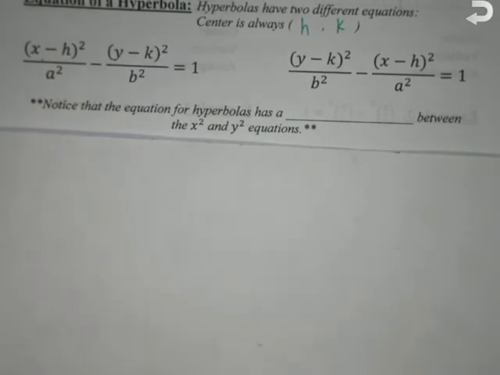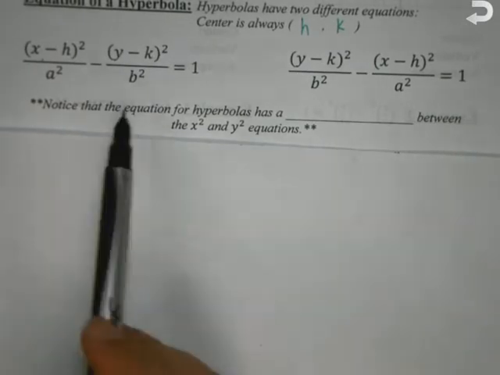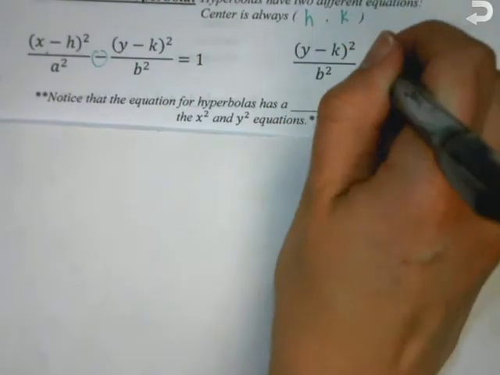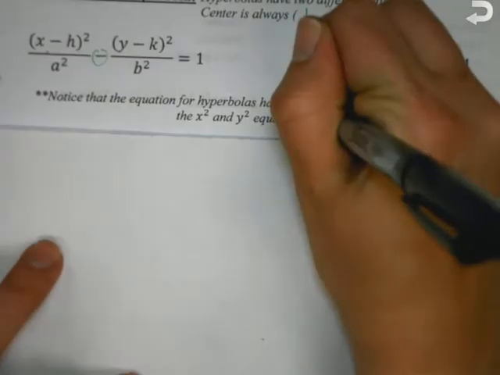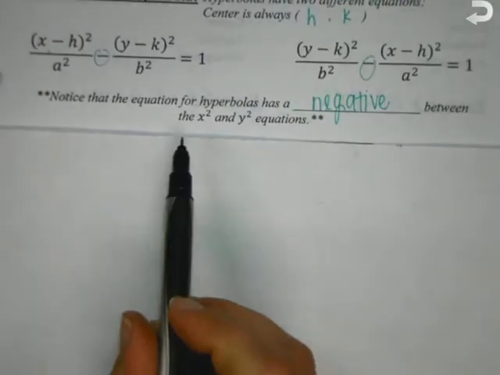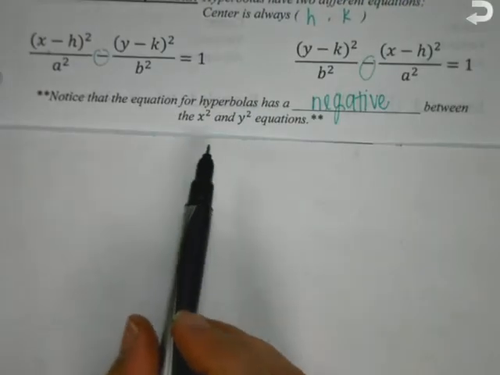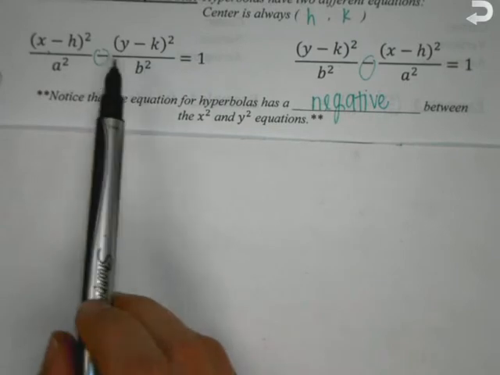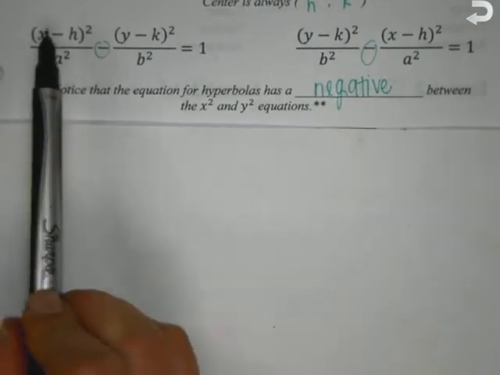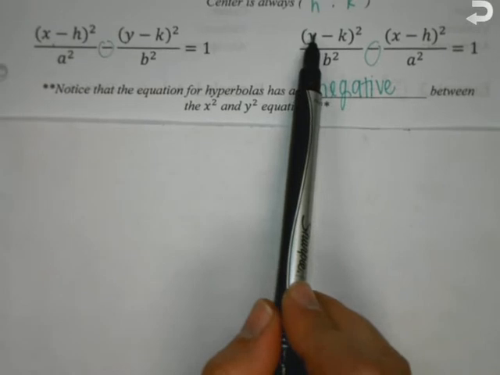What does it have that the other ones don't have? It has a subtraction, right? So hyperbolas have a negative between the x squared and y squared equation. So hyperbolas are pretty easy to identify because of that negative. And the vertices are always whichever one comes first, x's or y's, or whichever one is not attached to the negative.